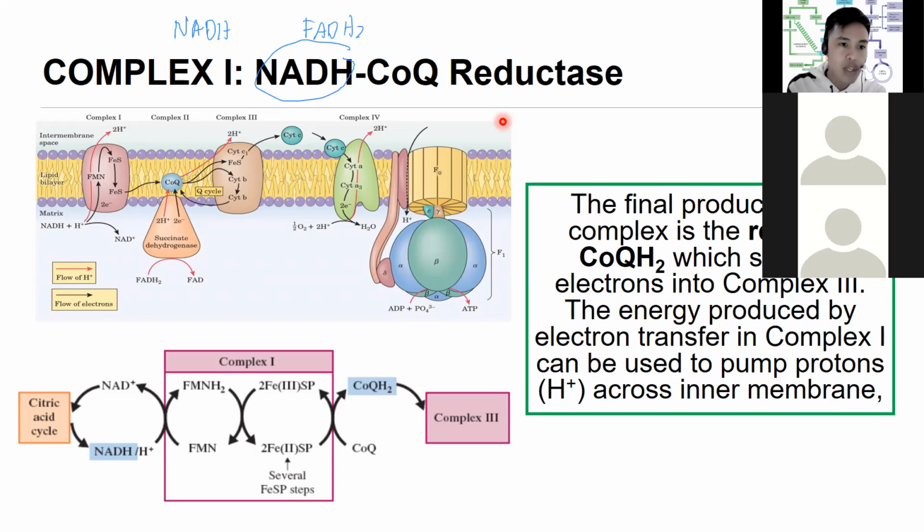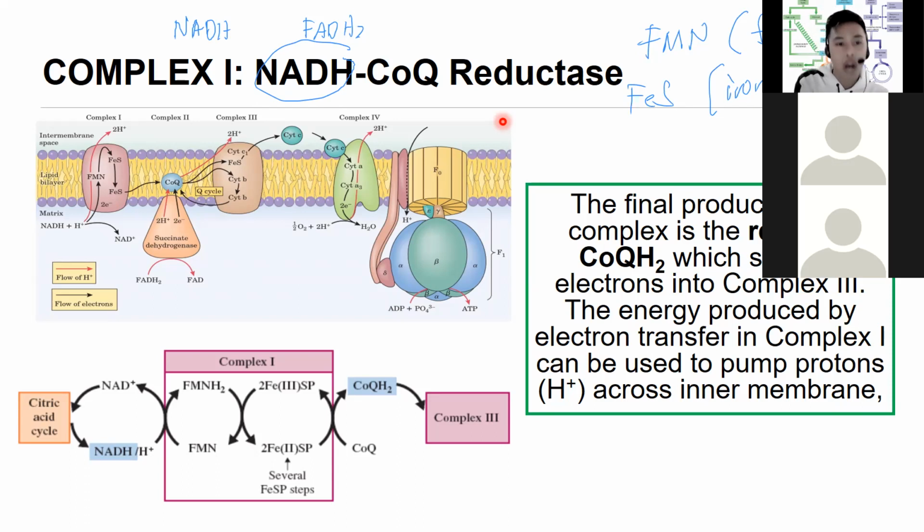The process actually comprises FMN and FeS. What do we mean by this? FMN stands for flavin mononucleotide, and FeS is iron sulfur protein.